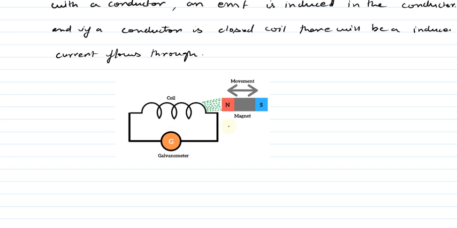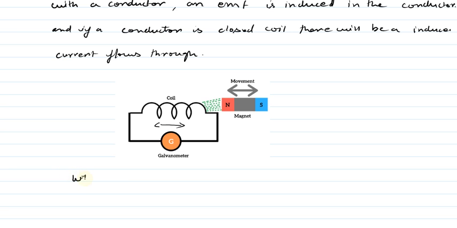And if the magnet is stationary and the coil is moving, then there will also be a current induced in the coil. So whenever there is a relative motion between the coil and the magnet, there will be an EMF induced in the coil.